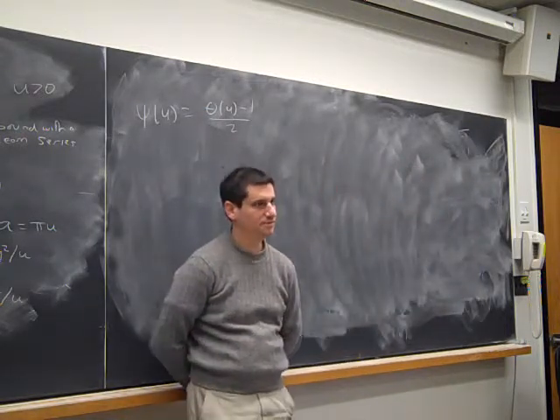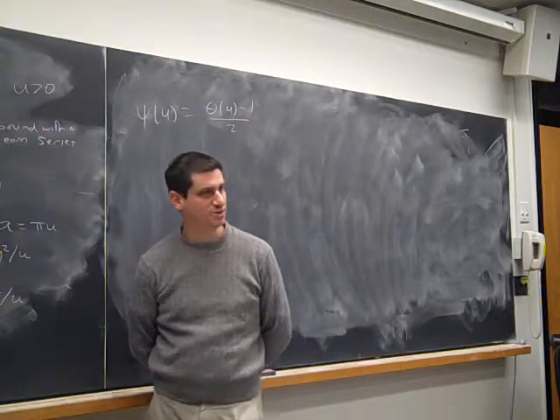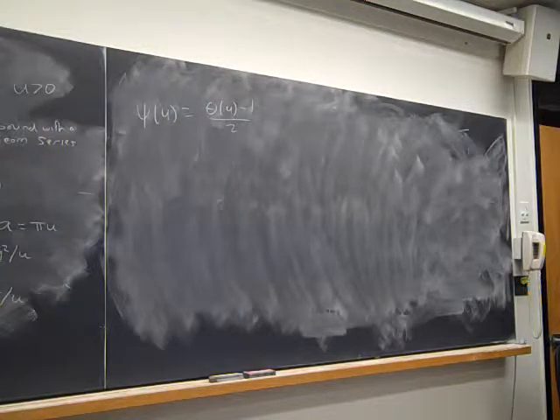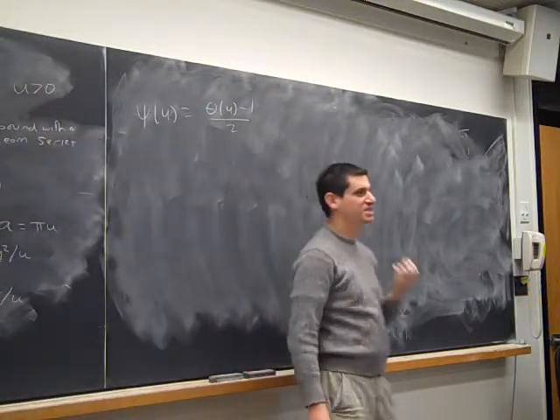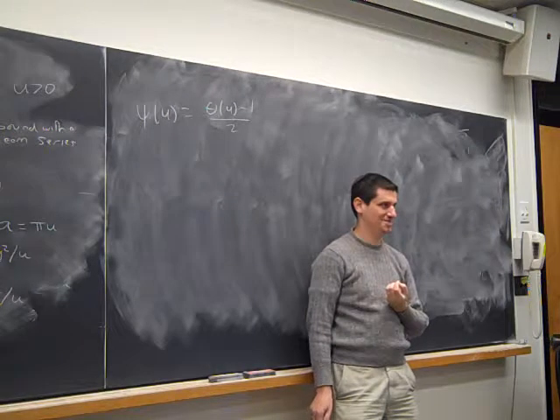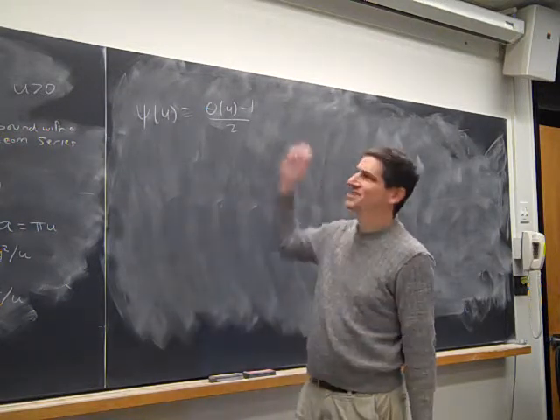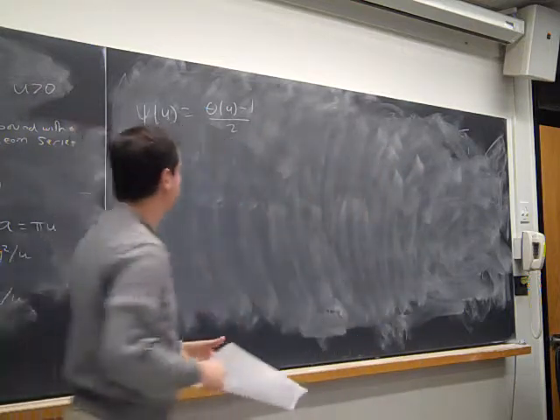Normally I like to have sums from 1 to infinity or 0 to infinity, but I have a sum from minus infinity to infinity. When I have n squared, 5 and negative 5 have the same contribution, 4 and negative 4 have the same contribution, but 0 is only counted once. So to get rid of the fact that 0 is only counted once, let's throw it away. Now everything that remains is counted the same number of times.